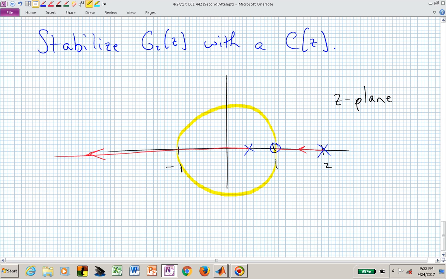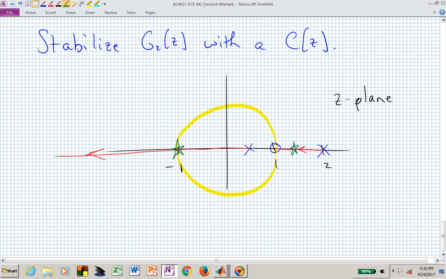And in fact, before we even reached that gain, this pole at 1/2 would have quickly zipped through the left side of our unit circle at z equal to -1, and it would be outside the unit circle as we started to approach the unit circle from the right.